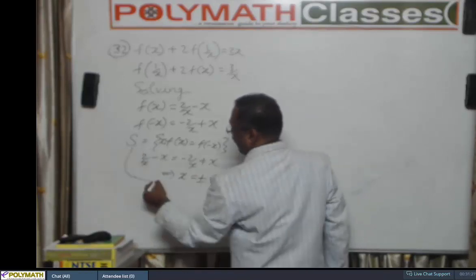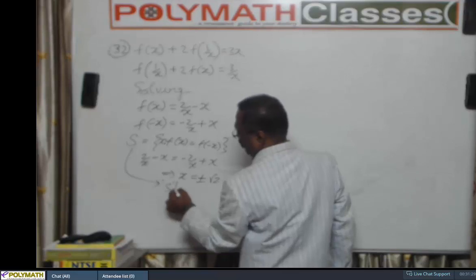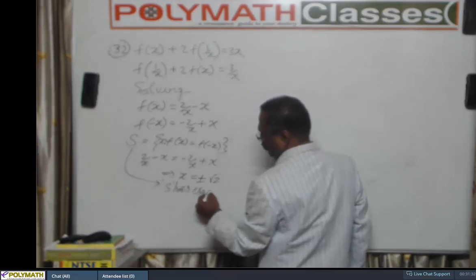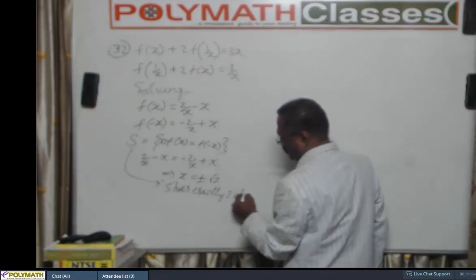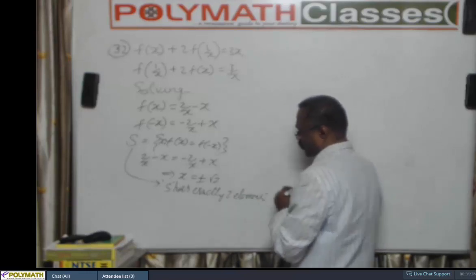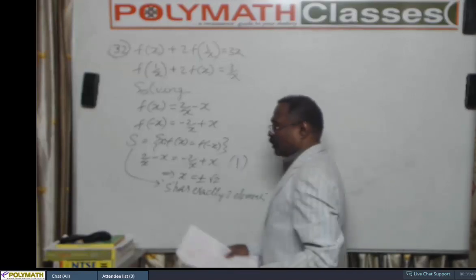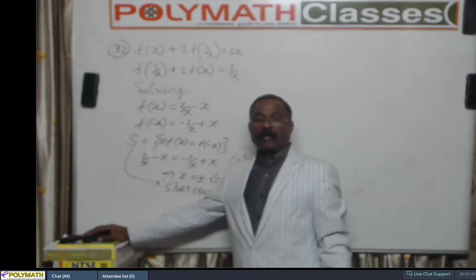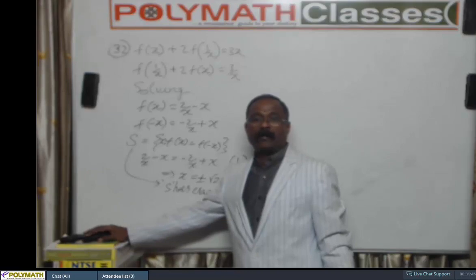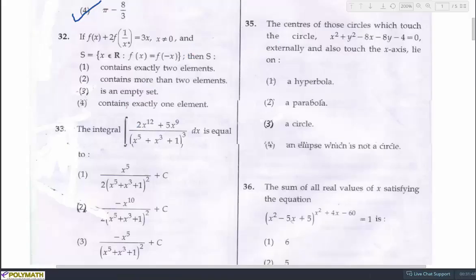So S has exactly 2 elements, so it is option number 1. Let us see that. Option number 1 in this case is nothing but contains exactly 2 elements.